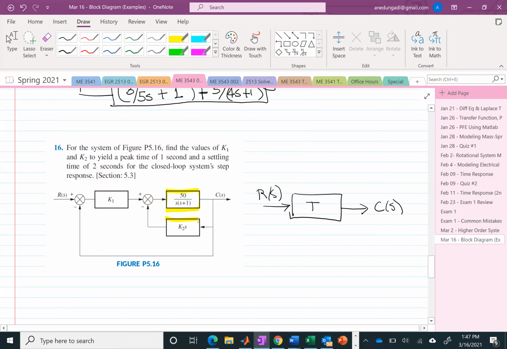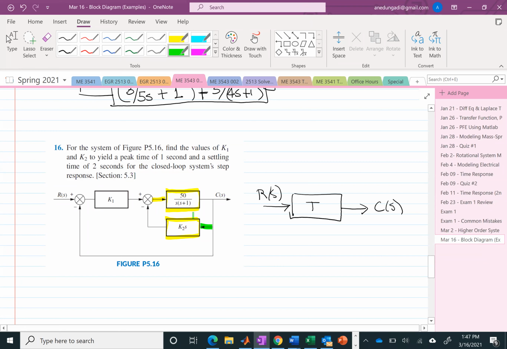Are you talking about these two blocks? These two blocks are not in parallel. Why? Because they don't get the same input and their outputs don't go into a summation block, right? The input to this block is this one here, and the input to this block is this one here, not the same input.